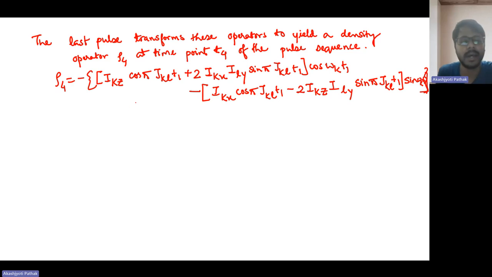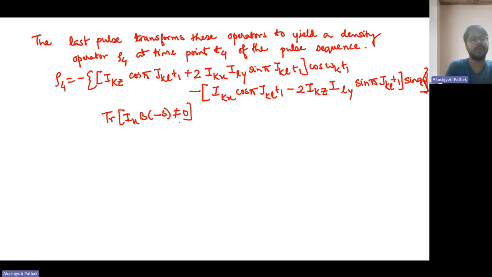Now, since the data is collected soon after this rho 4, immediately after that you are collecting the data. So we need to look at only those terms in the density operator which are observable, basically those for which the trace of the operator times Ix is not equal to 0.